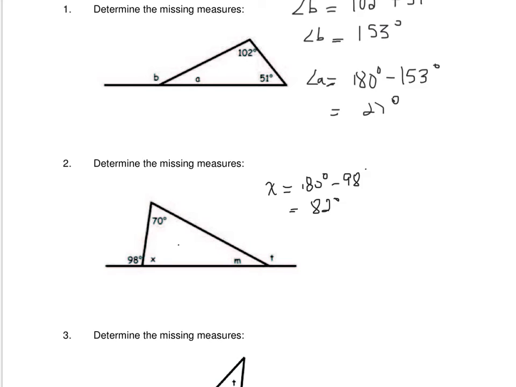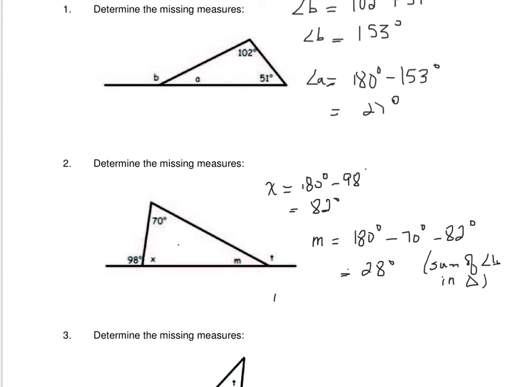And then once I've got x, I know that m is just going to be 180 minus the 70 minus the 82 that I just found for x, because all three of those form the angles of a triangle, so they have to add up to 180 degrees. 180 minus 70 minus 82 is 28.